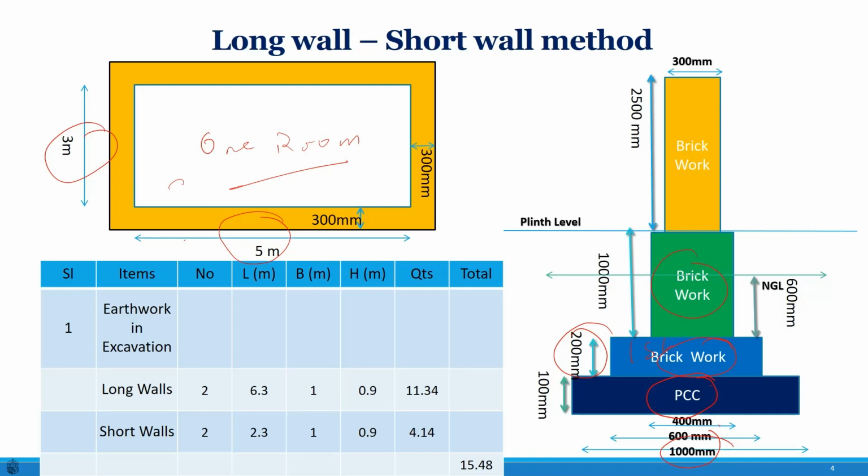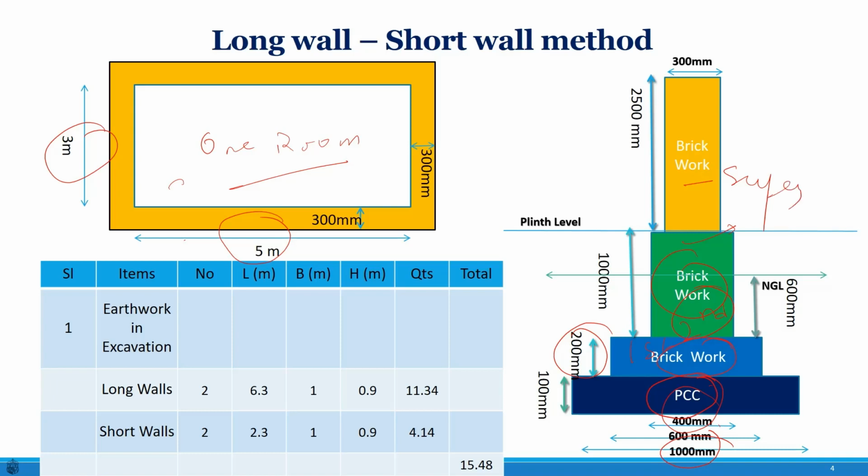Then you have the second brickwork for the footing or for the plinth, you can say, of 1 meter height or thickness, and the width of the wall is 400 mm. And then for the 300 mm you have another brickwork for the superstructure.